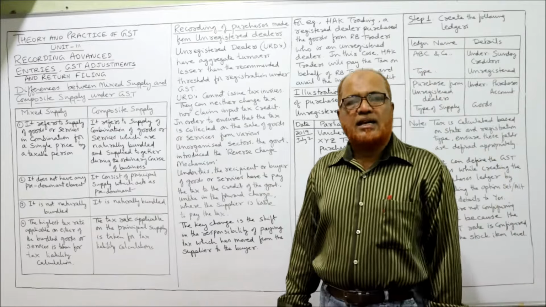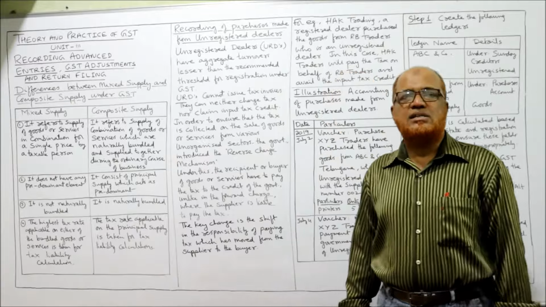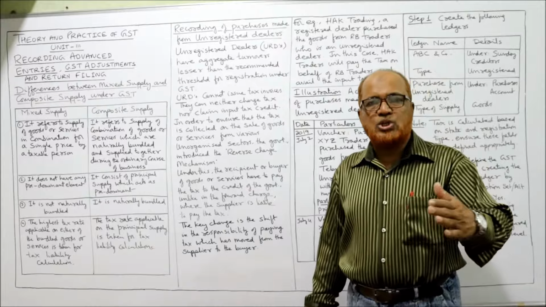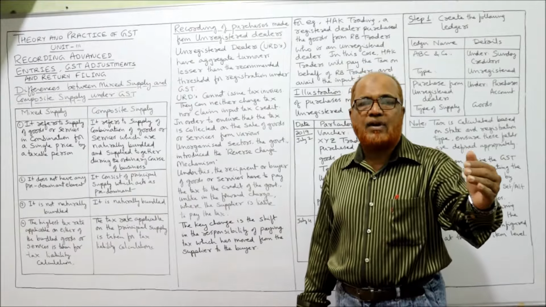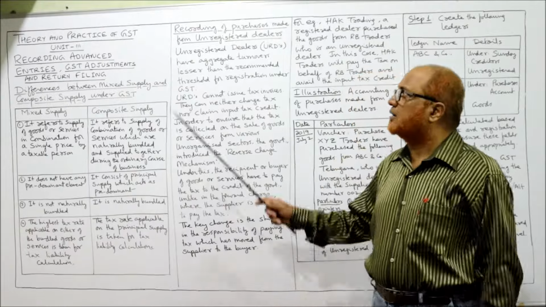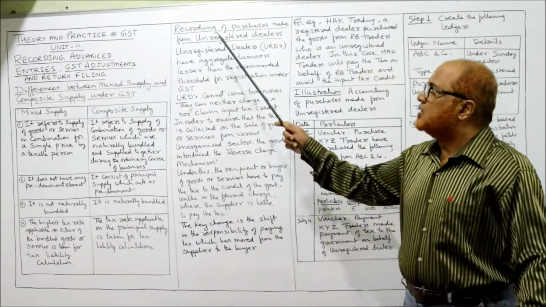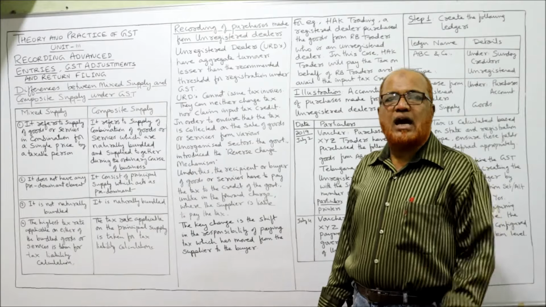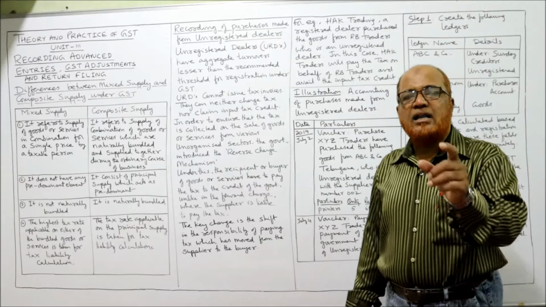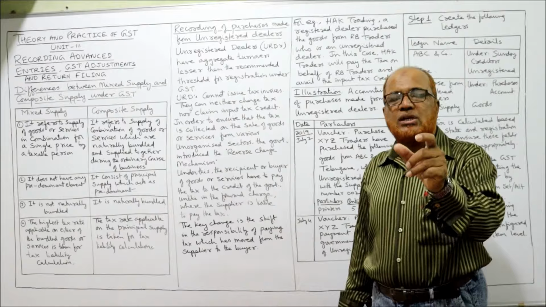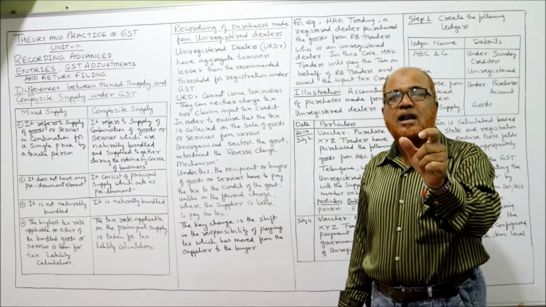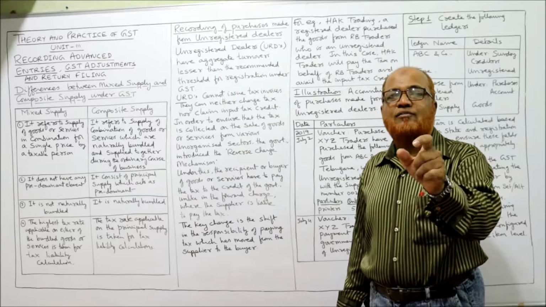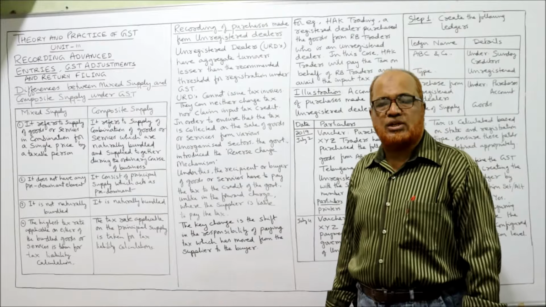Now, the second item which we are going to discuss is the procedure of recording purchases made from an unregistered dealer. So first of all, who is an unregistered dealer? An unregistered dealer is a dealer whose turnover is less than the prescribed threshold for registration under GST.